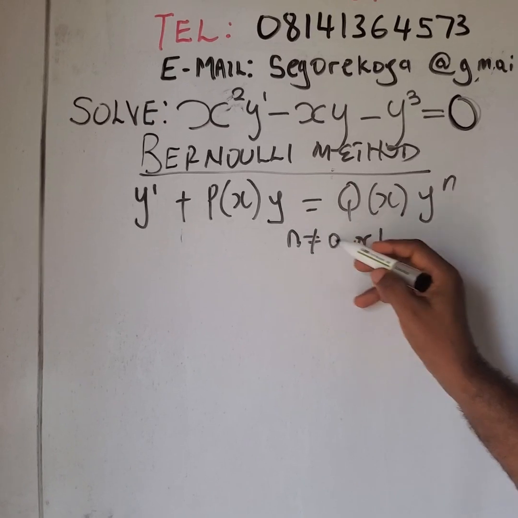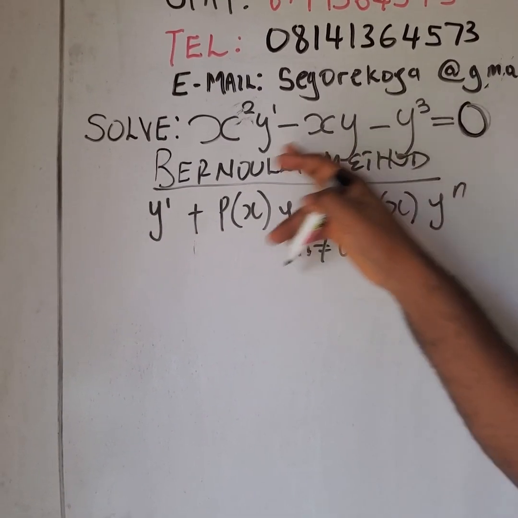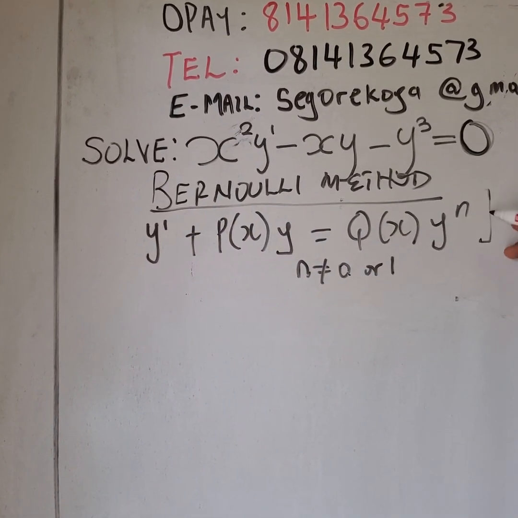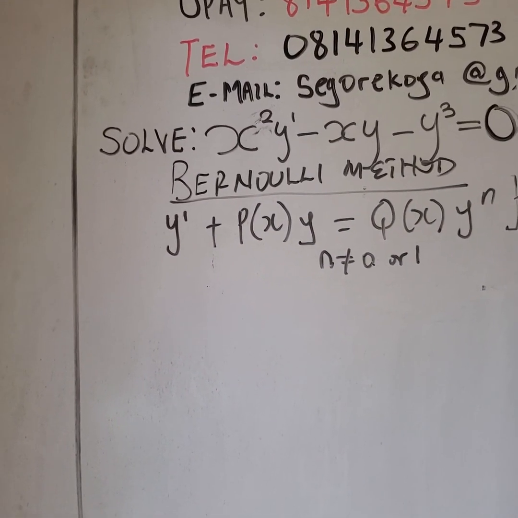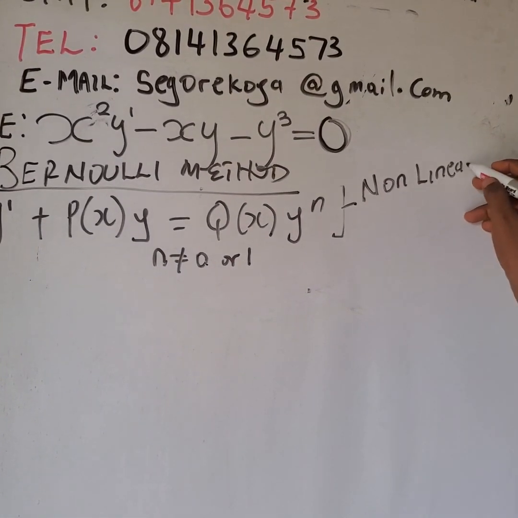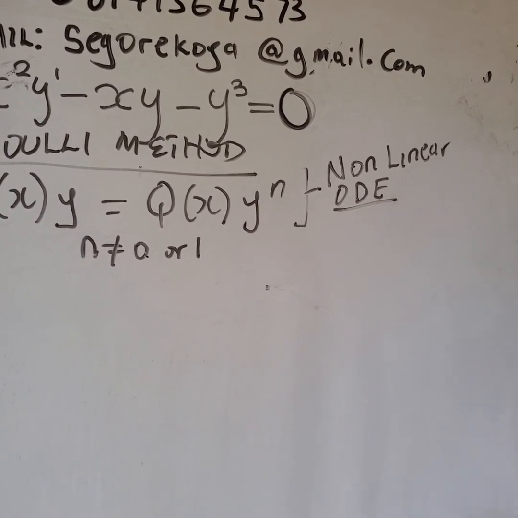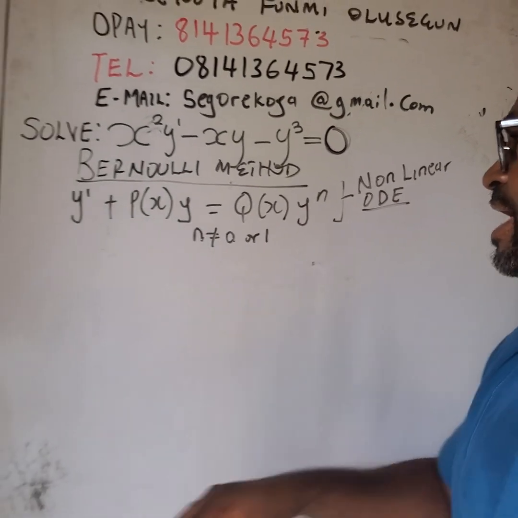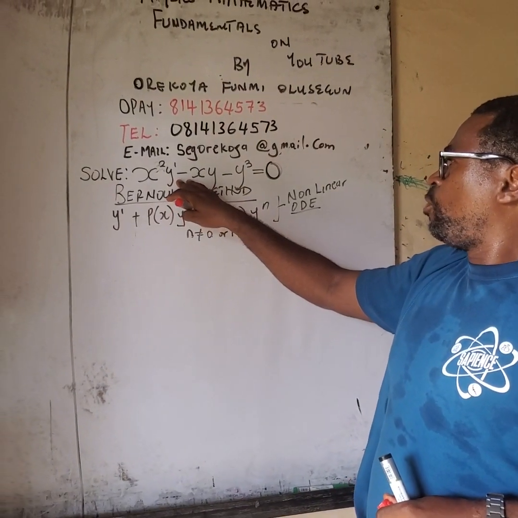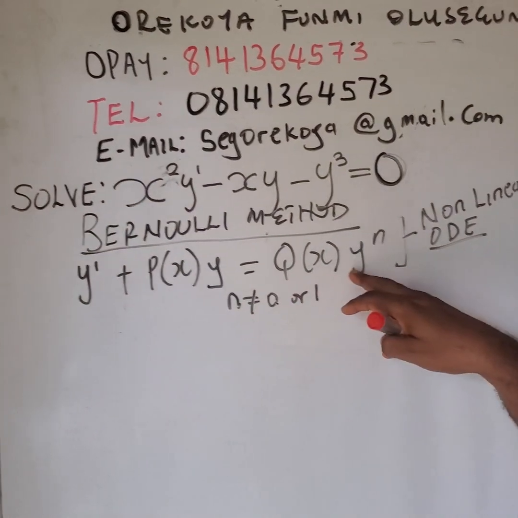If the value of n is equal to 0 or 1, this particular Bernoulli equation will be rendered to a linear equation. So what we have here is called non-linear ordinary differential equation, ODE. Now, if you look at the given equation here, we need to reform this equation so that it will look like this format.